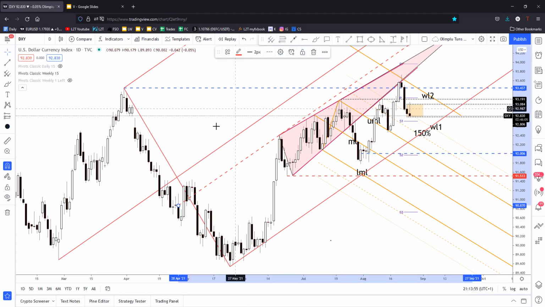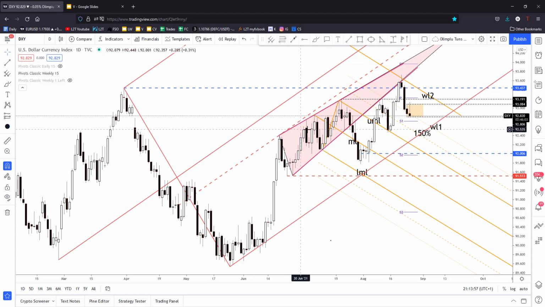As you can see, the dollar index has failed to reach, to retest at least this inside sliding parallel line. So it has dropped after escaping from this rising wedge, but it has printed only a temporary drop. Right now it has increased to retest the rising wedge support, and right now it has dropped again.